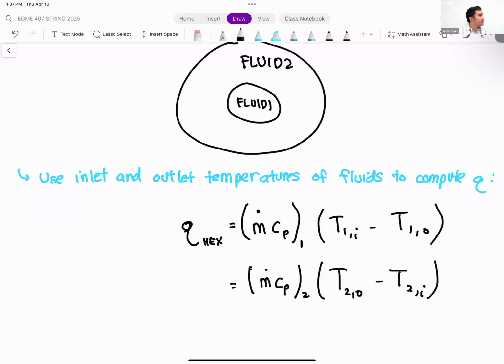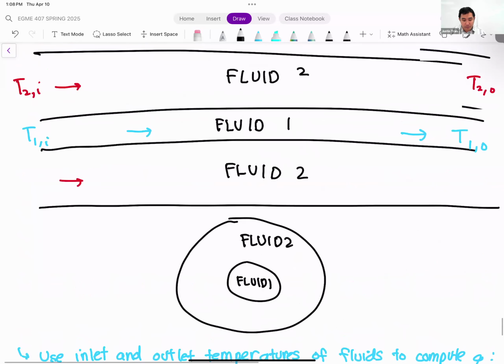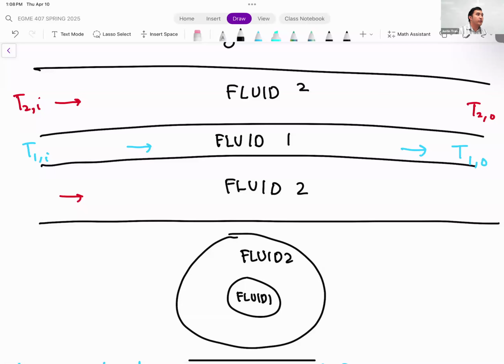Question. For T2, why is it that everything's going the same direction, but for the second one it's smaller? That depends on the relative temperatures of the two fluids, because remember, one fluid is going to be losing heat, and the other fluid is going to be gaining heat.